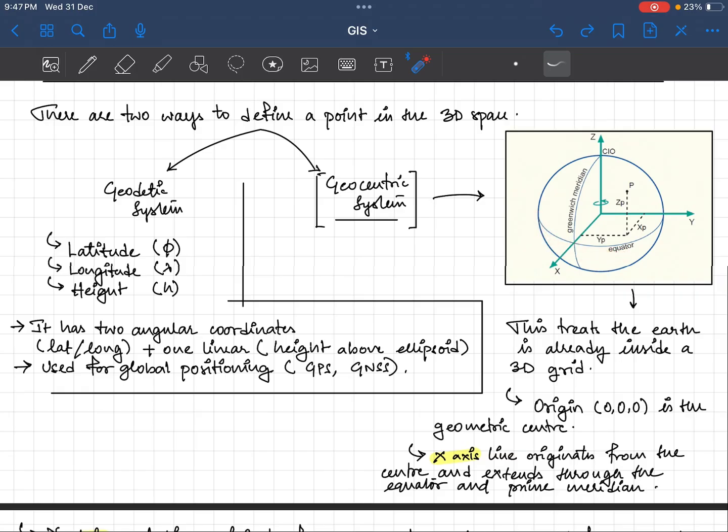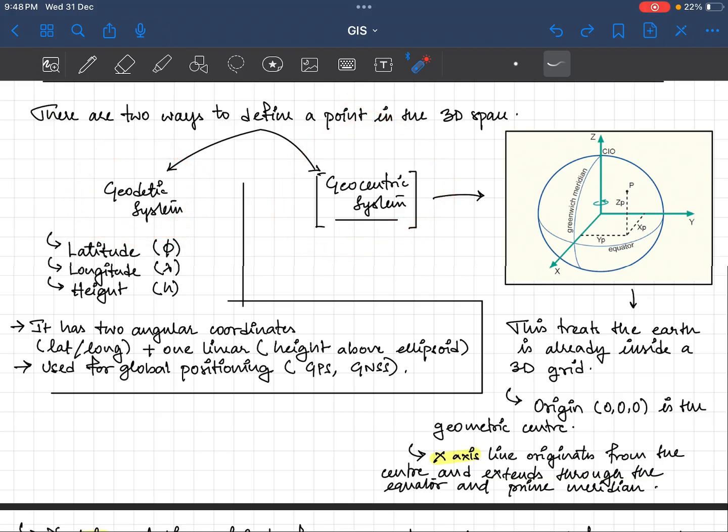Then 90 degrees east of this x you will find the y coming out of the equator and originating from the center. And when you have x and y defined, then you just draw a 90-degree line that comes out of the pole. This will become your z axis. So these are the three axes, and this basically is purely mathematical, and it uses meters and not degrees. So one distinction between these two is that one is in degrees and one is in meters.